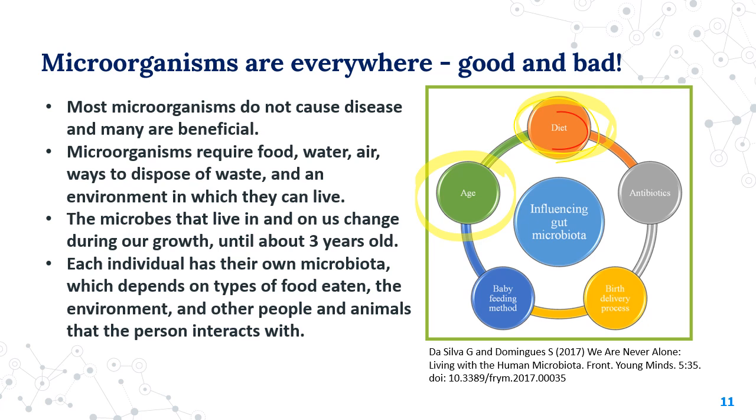That's the time when your commensals get into the intestines and the microbiome gets established. But as you get older, the microbiome changes. A person who is really old has, of course, a different microbiome than a young person. So it changes with age.